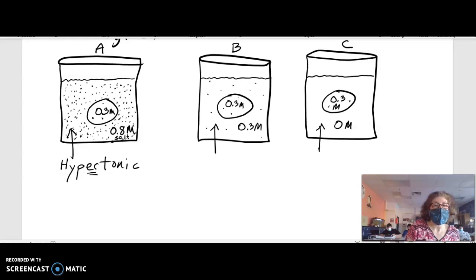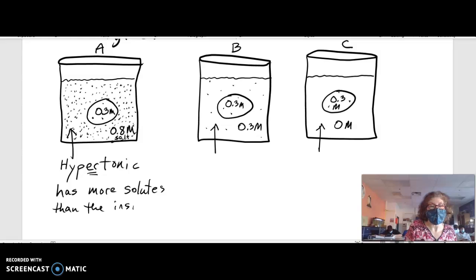Hyper means it has more solutes, or like what you drew, the little dots. There's more little dots in that solution than the inside of the cell has. So hyper, more, right?